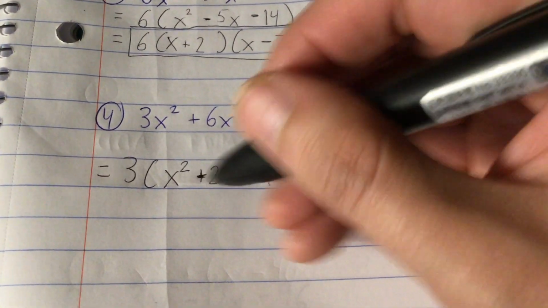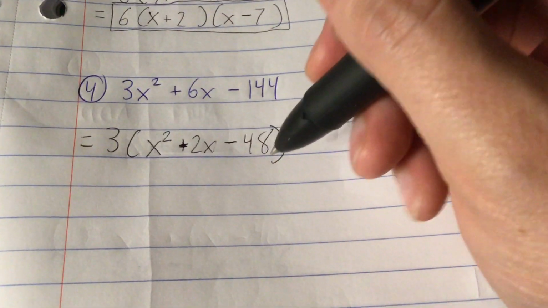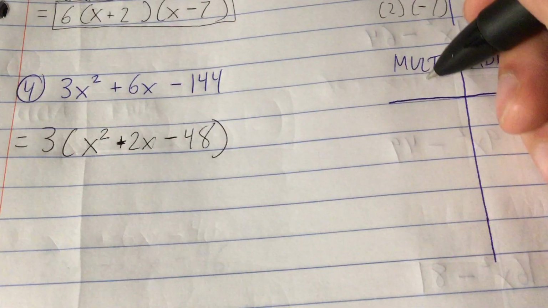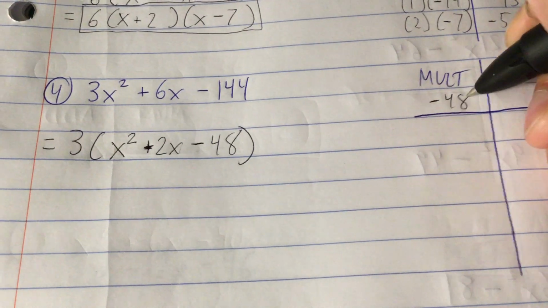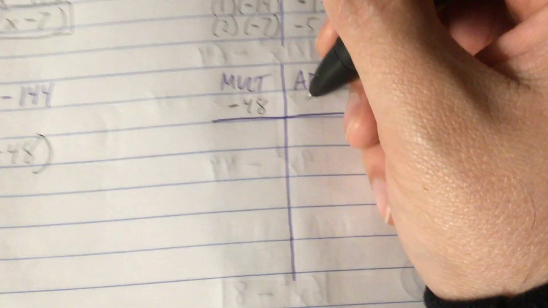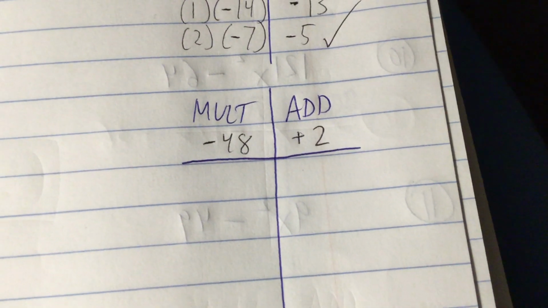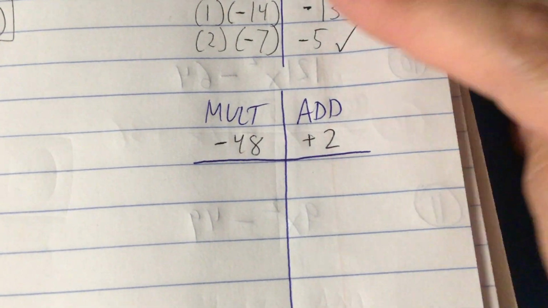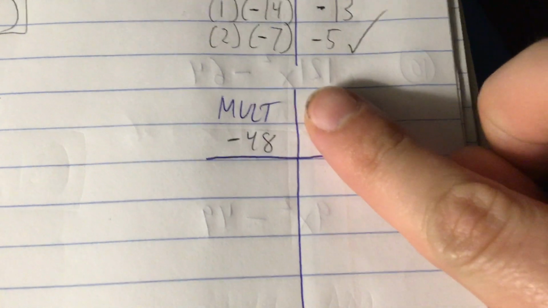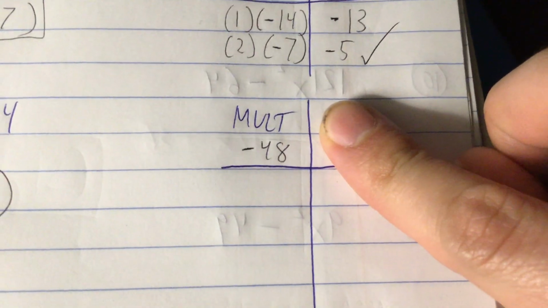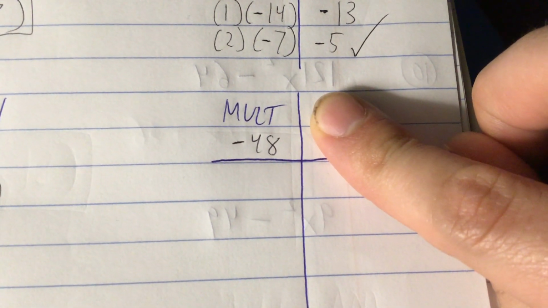Now I want to factor this quadratic trinomial. What 2 numbers multiply to negative 48 but add to positive 2? All right, just by looking at this, what can I tell about this combination? Well, it needs to be a positive-negative combination.